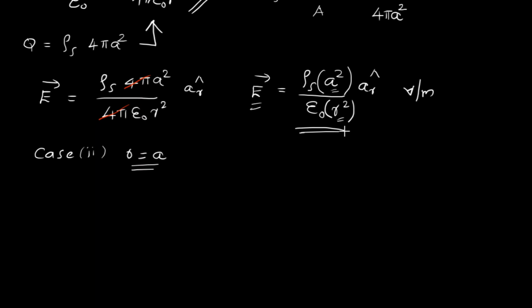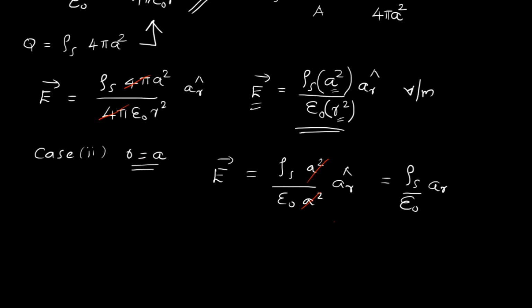If you substitute R equal to A, the electric field intensity becomes rho s A squared divided by epsilon naught A squared ar cap. Here A squared cancels, and you will get the E vector as rho s by epsilon naught ar cap volt per meter.